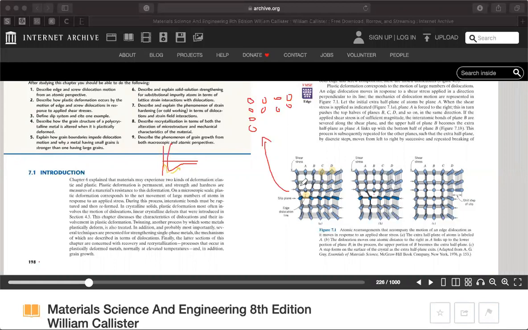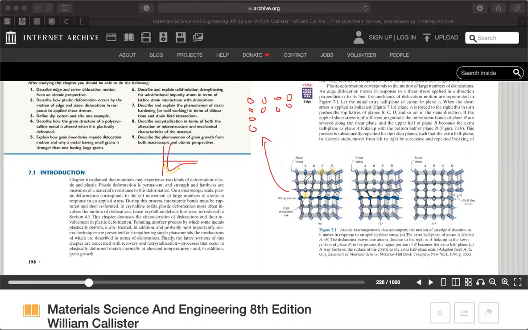So that means you're saying we have more atoms above the dislocation line compared to below the dislocation line. Is that true? Yes. Okay, great. So, Sadiq, if we have more atoms in the top compared to a perfect crystal, what do you think is going to happen to those atoms?